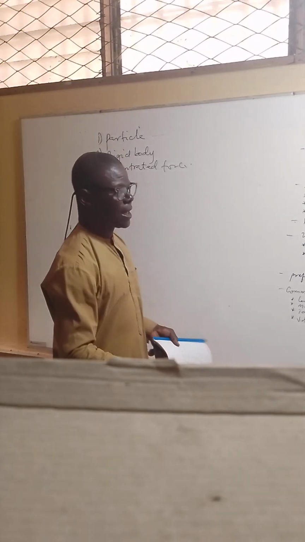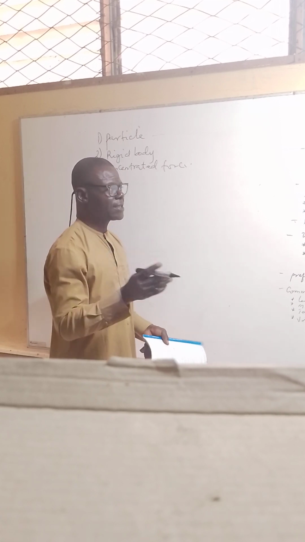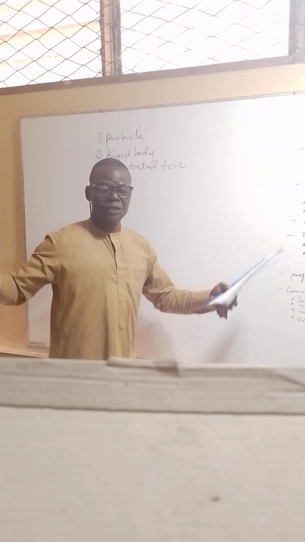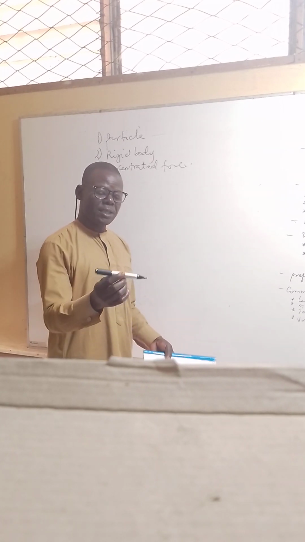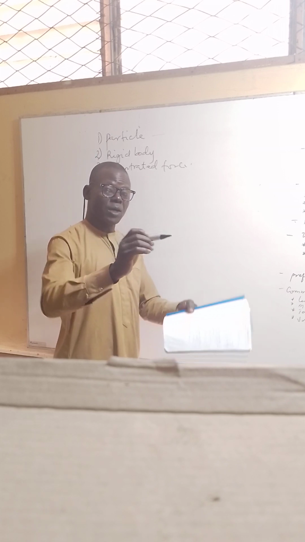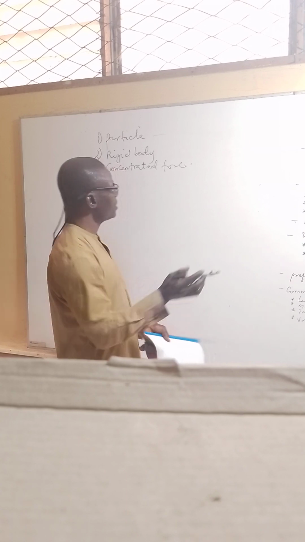Or take this object I'm holding in my hands. If I step out to the school compound, or the whole of this city, and drop it somewhere else, the object has mass, but when you compare its size with the city, it is called a particle.